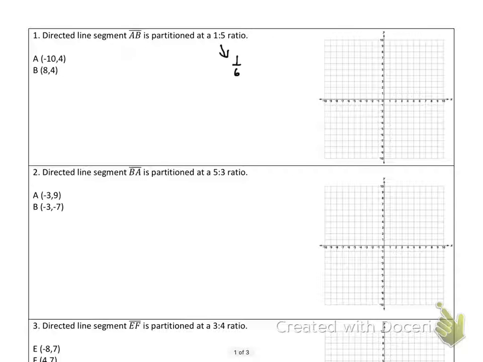So let's go ahead and plot these points, and we'll see what's going on. So A is at negative 10, 4. There's A. And B is at 8, 4. So this works out really nicely in that it's a straight line going across.